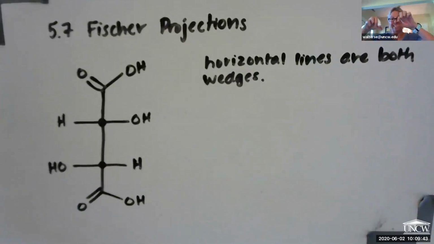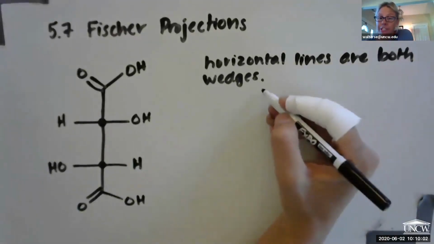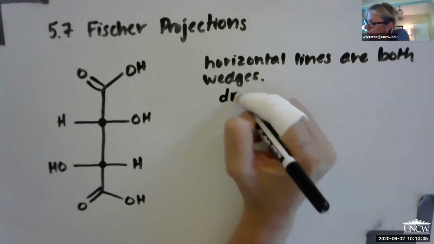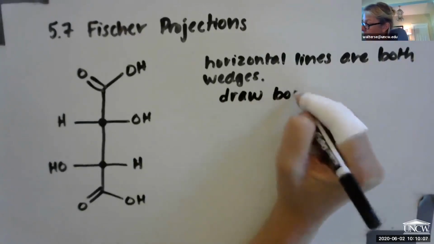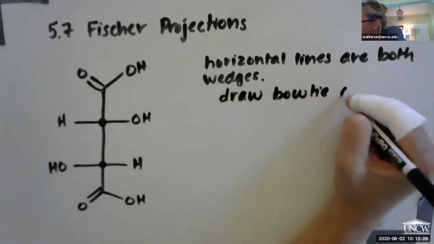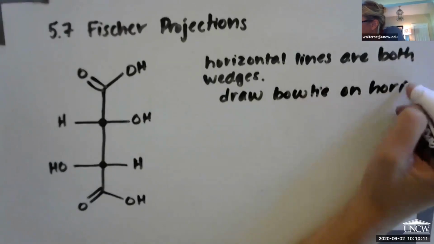If you take that centipede and flip it over, then you have the body on the bottom and the legs going up. That's what these are like, an upside down centipede. So the horizontal lines are both wedges. So what you're going to do is draw a bow tie on the horizontal lines.